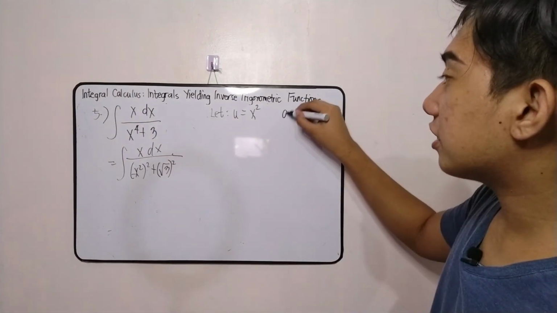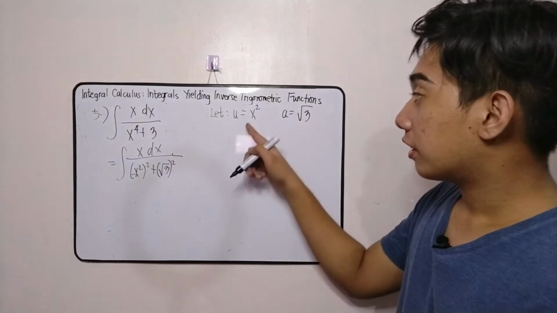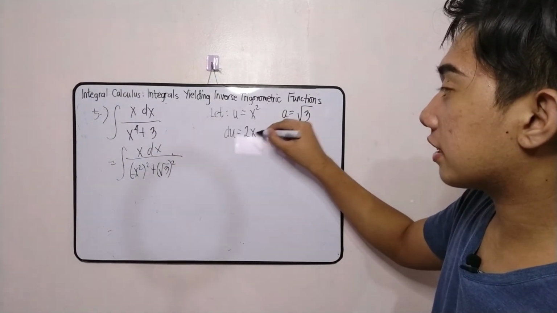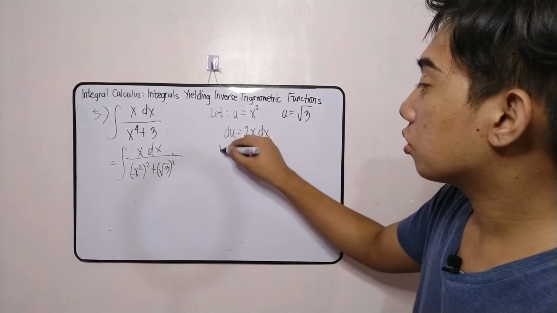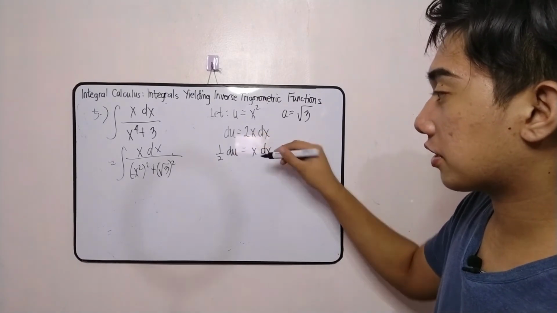So our a here is square root of 3. To get its differential, du is equal to 2x dx. And walang 2 dito, so we need to divide both sides by 2.